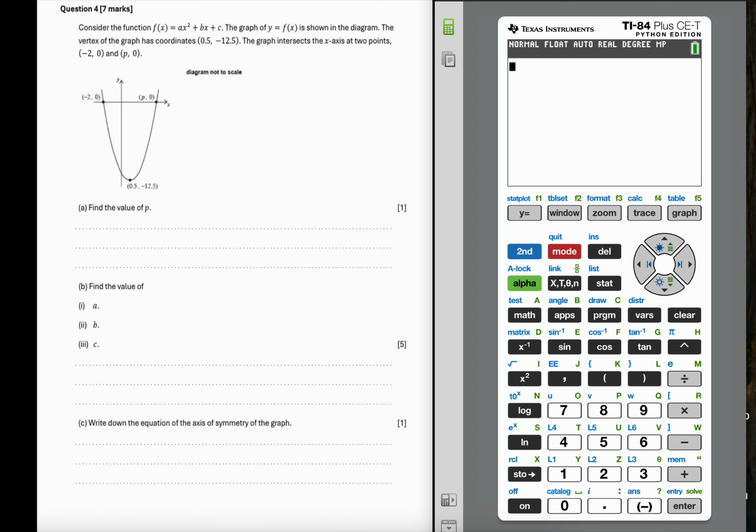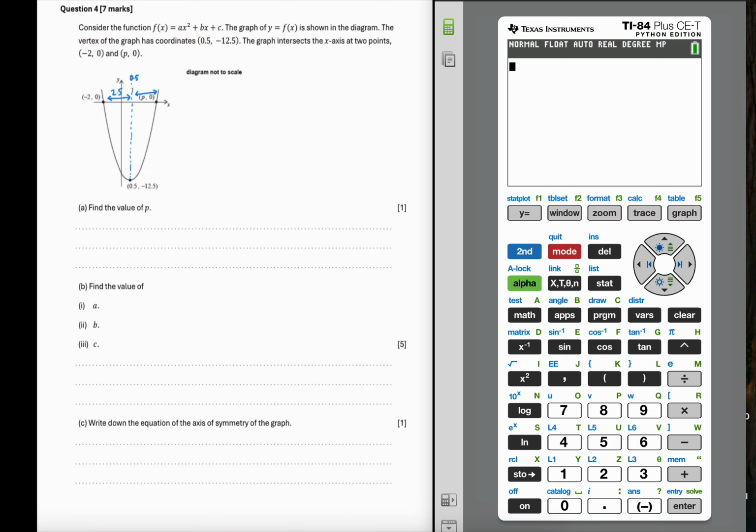Now we know that all quadratics are symmetrical, which means that this point here lies directly in the center of the quadratic parabola or curve. So if this is 0.5 on the x-axis, then that tells us that this distance here is a distance of 2.5, which means that this distance has to be exactly the same.